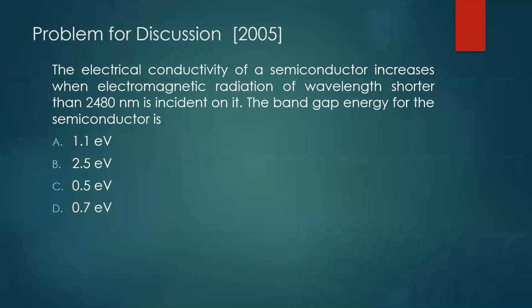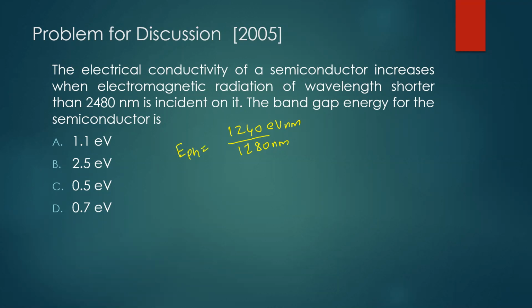Nice. So here, because the conductivity is increasing, the electrons are able to move from valence band to conduction band. So the energy of the photon is definitely greater than the energy gap. If you use 1240 electron volt nanometer divided by the wavelength in nanometers, this is the energy of the photon.